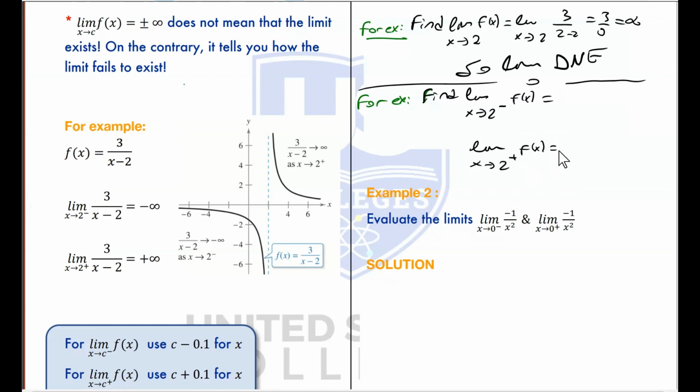If it is asking about a one-sided limit, your options will not have does not exist. Two options will have numbers, the other two options will have negative infinity and positive infinity. So for these kinds of questions, if a one-sided limit is asked, then your answer would be negative or positive infinity. You are asked to give the direction of infinity.